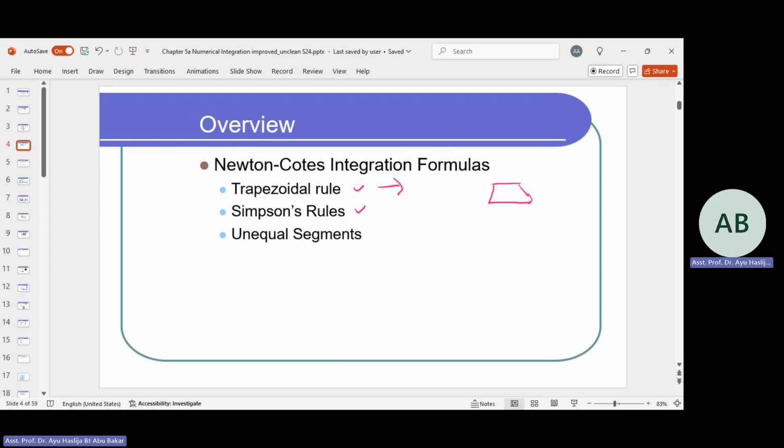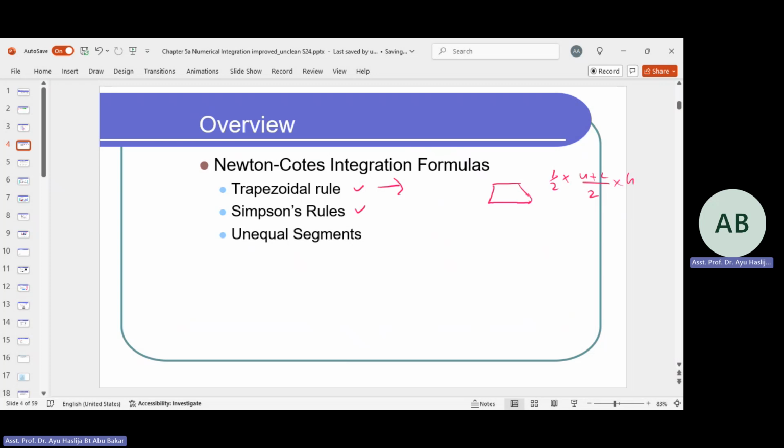The general one. Upper and lower over 2, right? Then multiply by the height. Okay, so this is the general formula to find the trapezium.